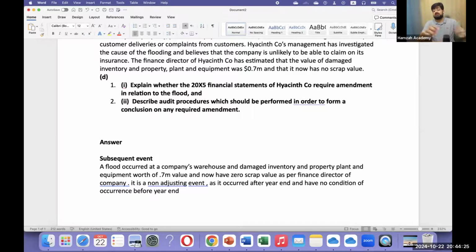Now we will discuss the materiality they have given. The assets of the company total 23.2 million, it is given.